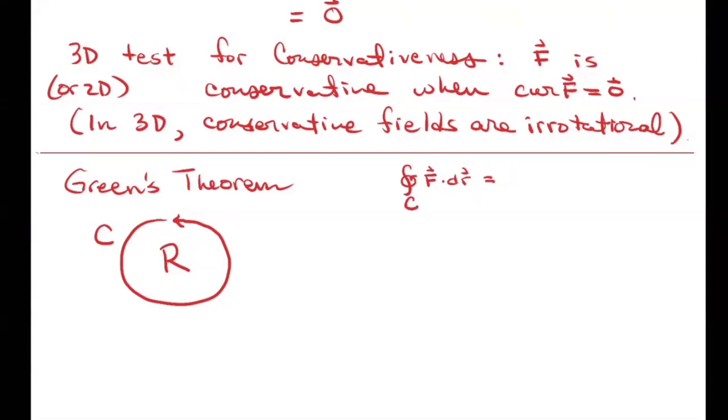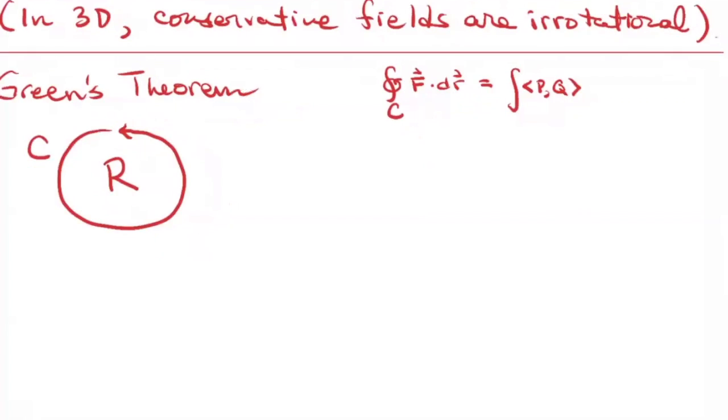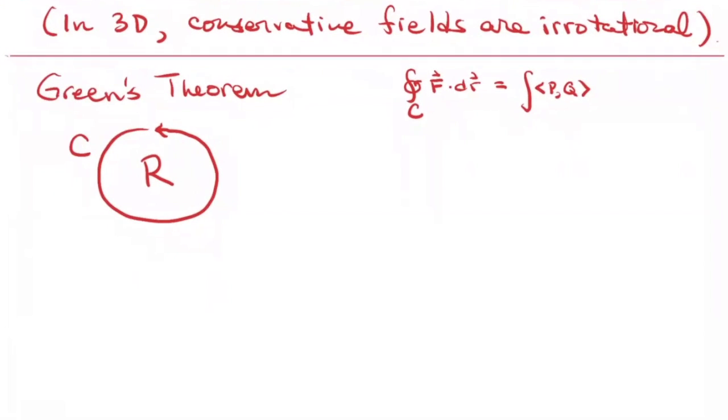well, if the field is (P, Q), and dr is like a dx, dy differential, it's a vector, so it has two components, dx and dy.